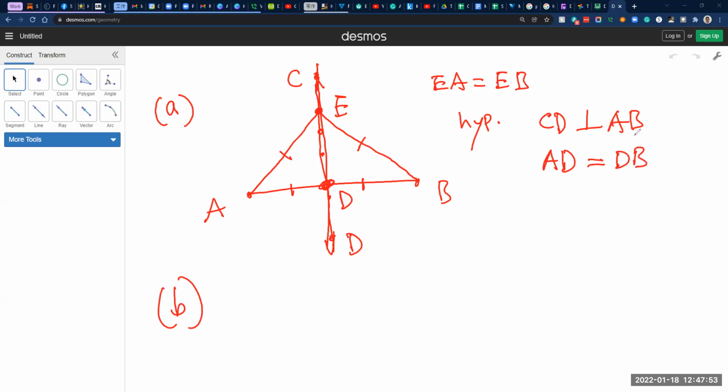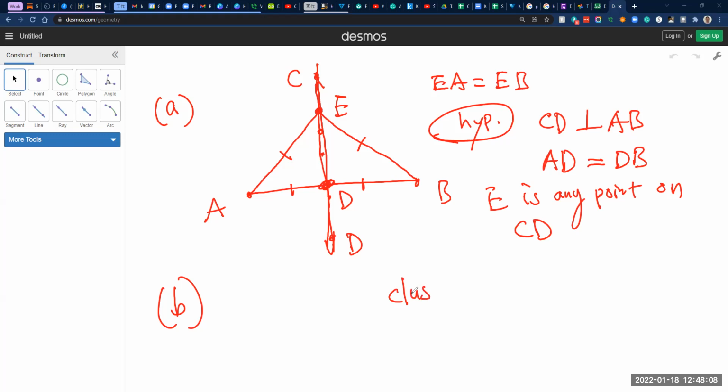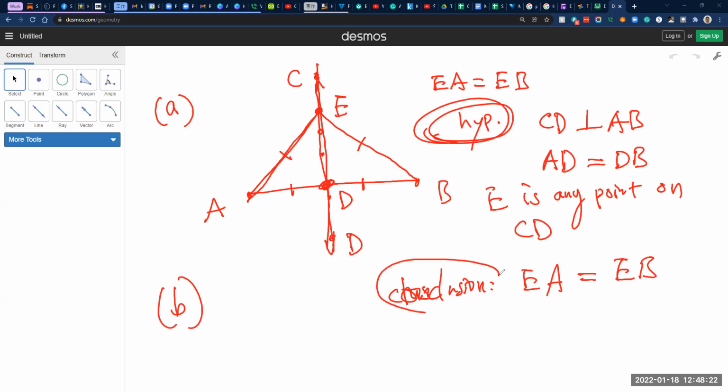So that's the hypothesis. And also E is any point on CD. That's our hypothesis. Our conclusion is EA is congruent to EB.